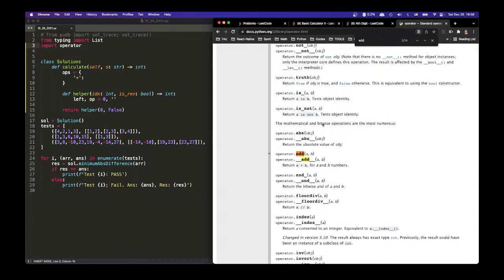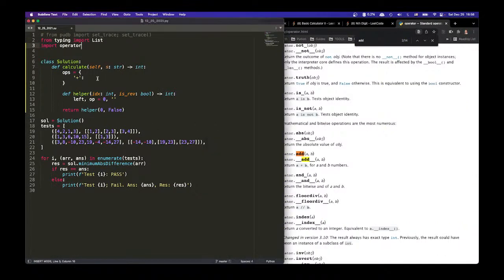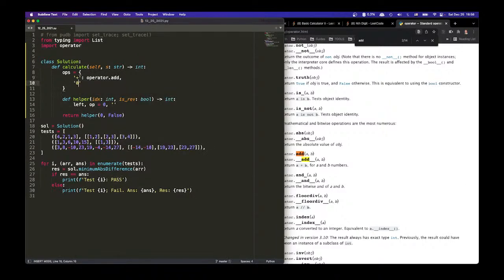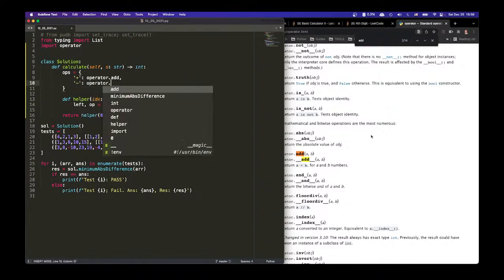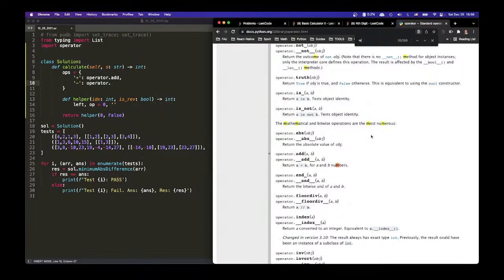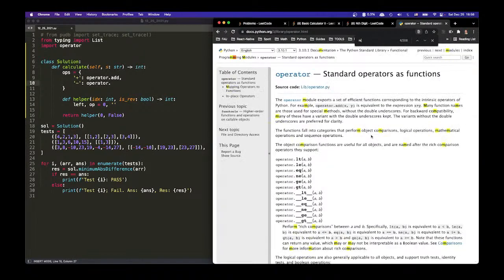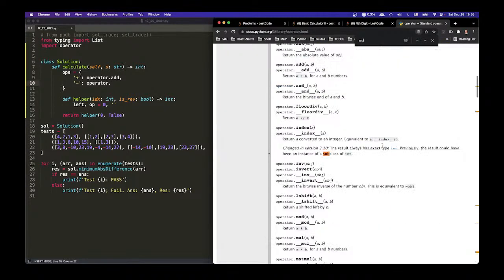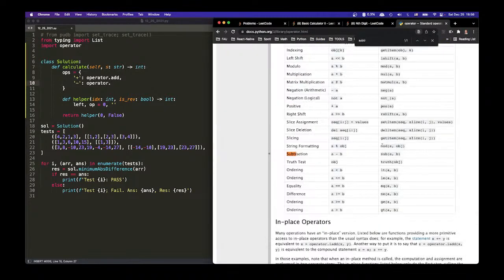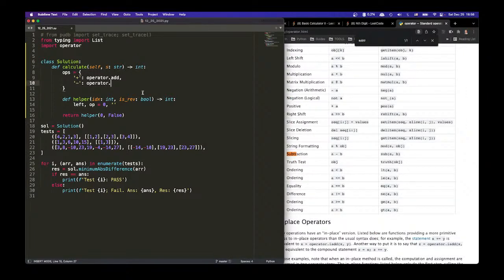So operator.add. So this one will be operator.add. This one will be operator.sub, subtract.